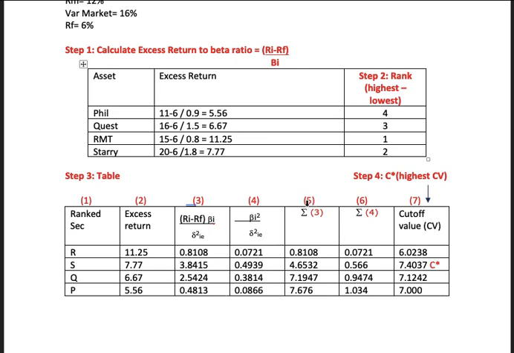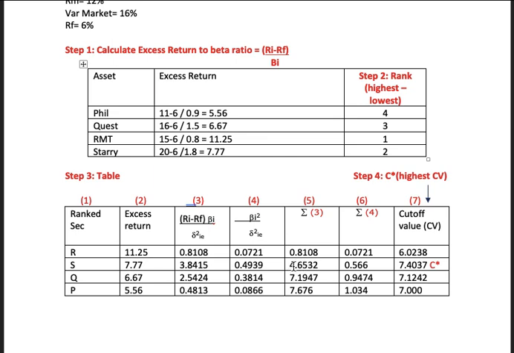Okay, and then the next column is column number 5. Column number 5 ni is a cumulative ataupun accumulation of column number 3. So start with the 0.8108, sebab kita nak accumulation dia. And then you add with the next row, 3.8415.